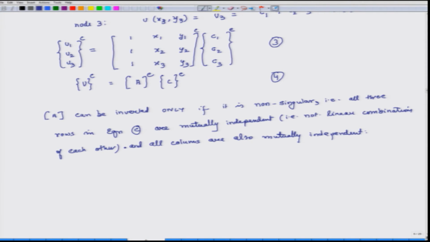So, rows should be mutually independent and columns should also be mutually independent.